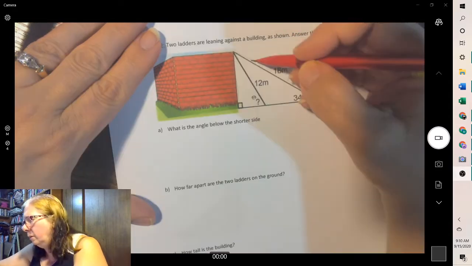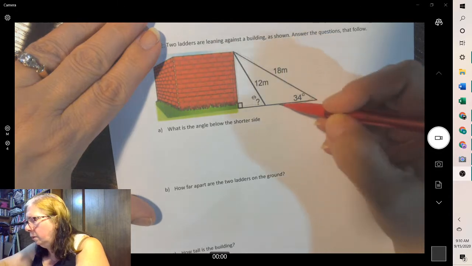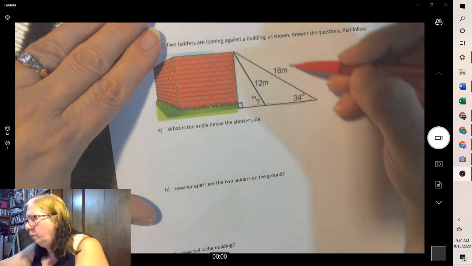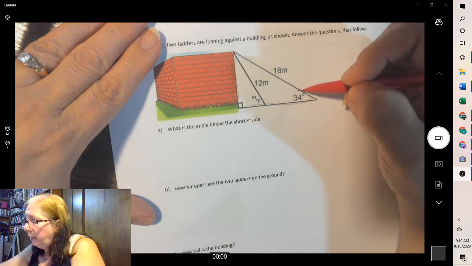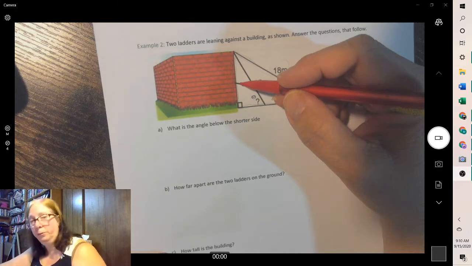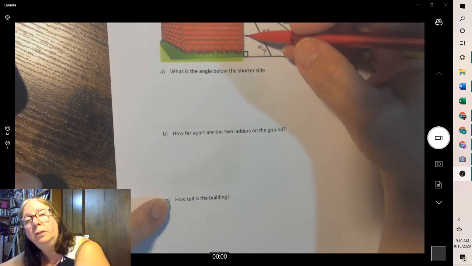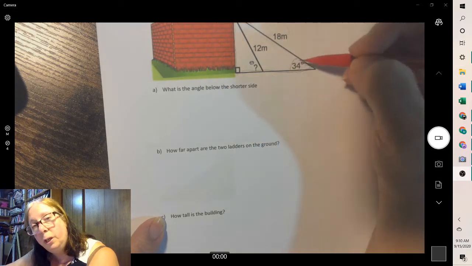Because notice this is a big triangle here. And in the big triangle, we have this length, the hypotenuse, and we have this angle. So we could find the height of the building. And notice how tall the building is is one of the questions. So we would find how tall the building is first, using the large triangle.